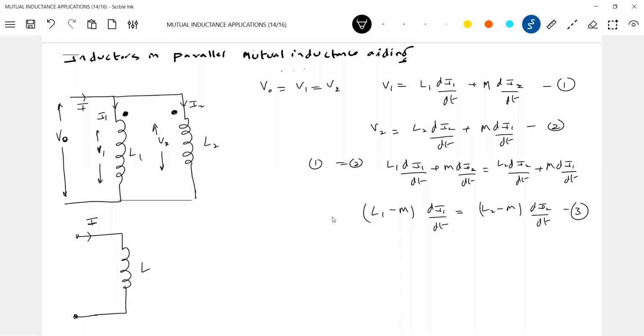Let me substitute the value of di2 by dt in equation, okay, this is which one? Yeah, equation 3 we'll call it. So what we have to do, so here what is the equation? Again it will be like this, no? V0 should be equal to L di by dt, and that has to be replaced here.